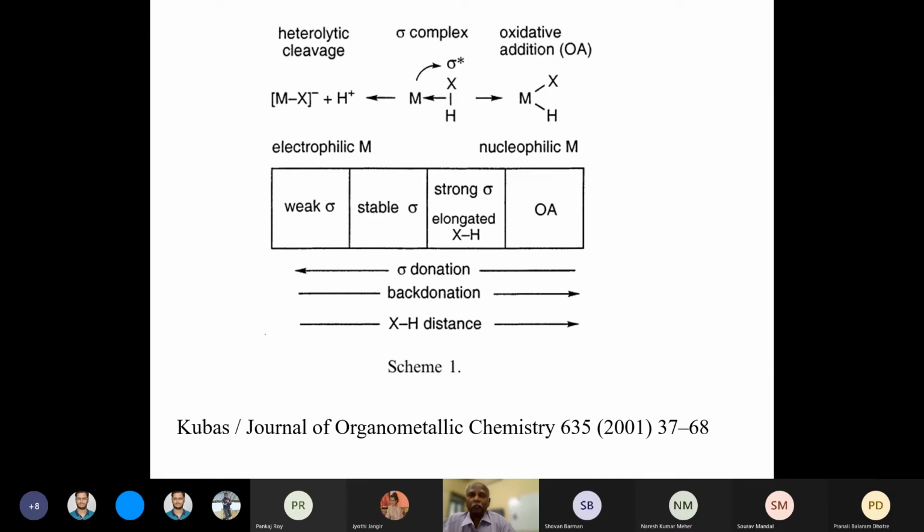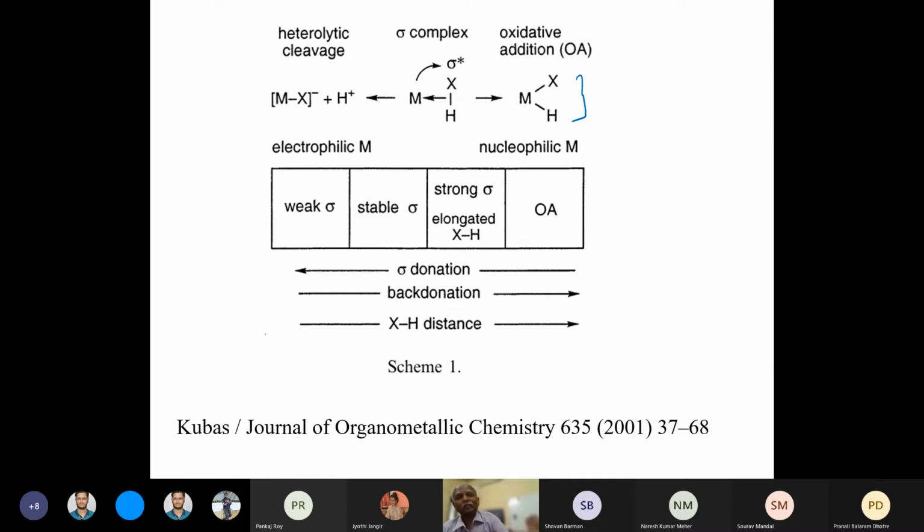Initially he discovered it in 1983. After that, he has published several papers, and this one is from the Journal of Organometallic Chemistry, where he has expanded this discussion to when it forms the dihydride complex and when it forms the M eta 2 H2 complex. Now, it turns out that you can have heterolytic cleavage also.